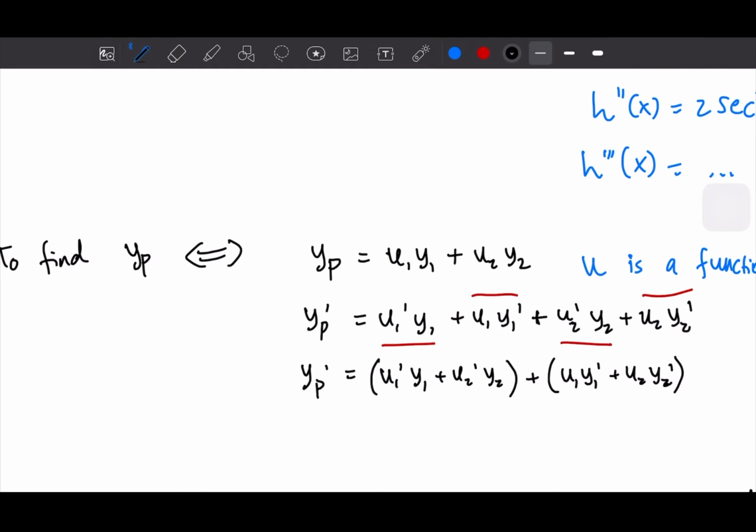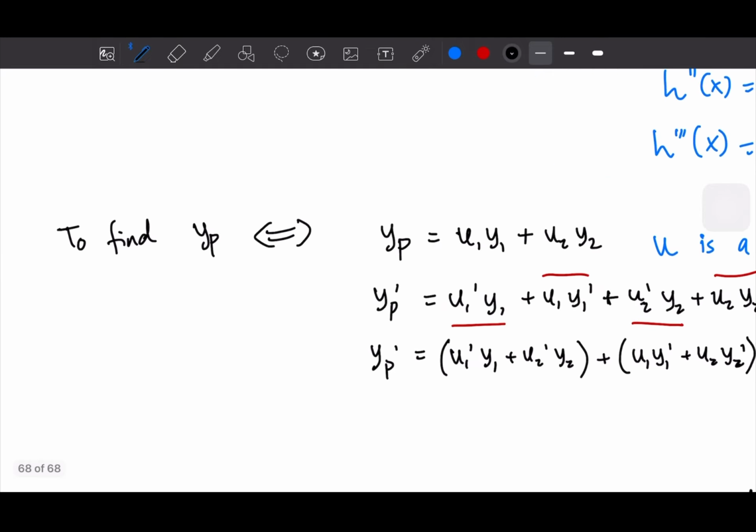Okay, and the important thing here is that this yp needs to satisfy, if I write Ly equal to tangent x. Do you still remember L?